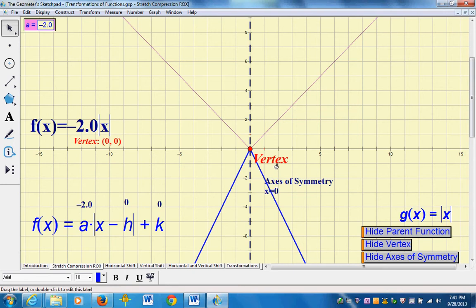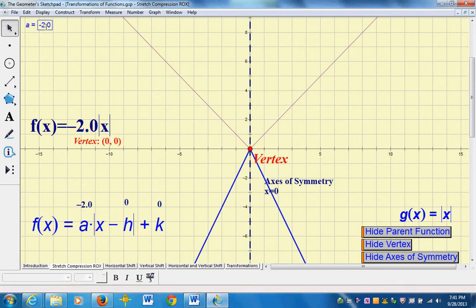Notice my vertex has not changed. My axis of symmetry is still the same. The only thing that's changing is whether it's flipping over the x-axis or getting wider or narrower. So right now we have a reflection over the x-axis as well as a compression.